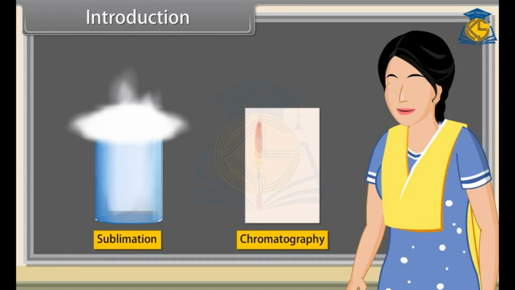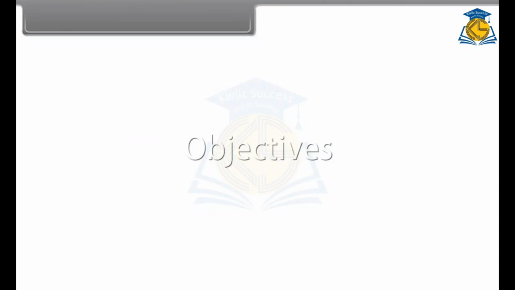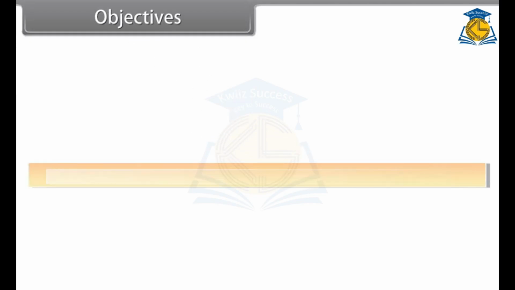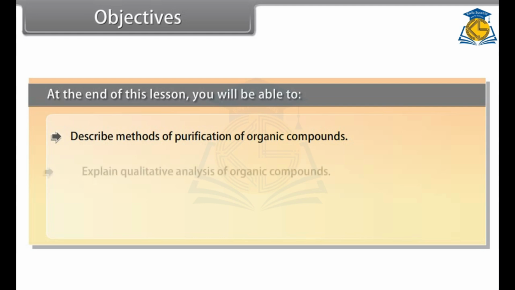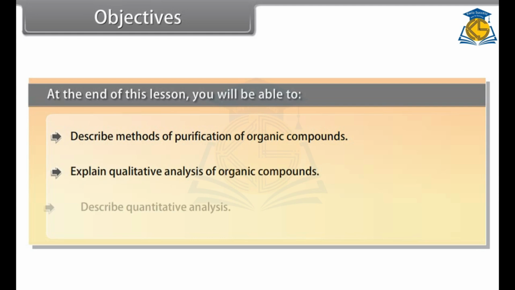In this lesson, you will learn purification of organic compounds, qualitative and quantitative analysis of organic compounds. Objectives: at the end of this lesson, you will be able to describe methods of purification of organic compounds, explain qualitative analysis of organic compounds, and describe quantitative analysis.